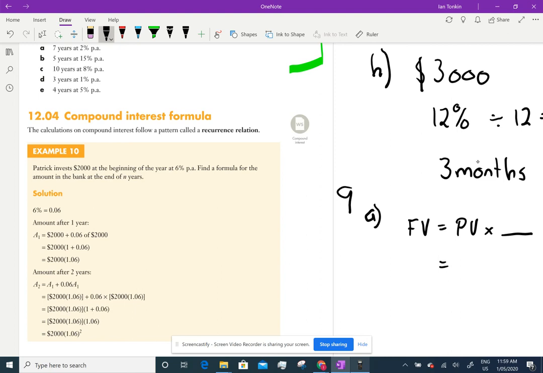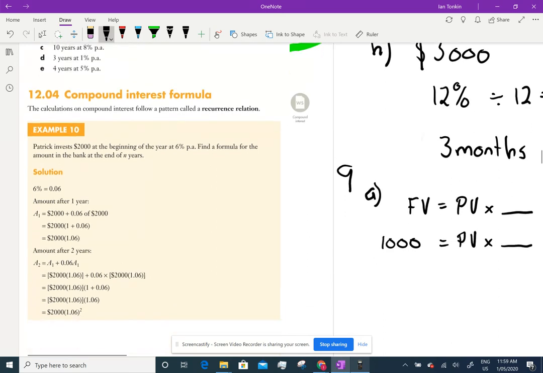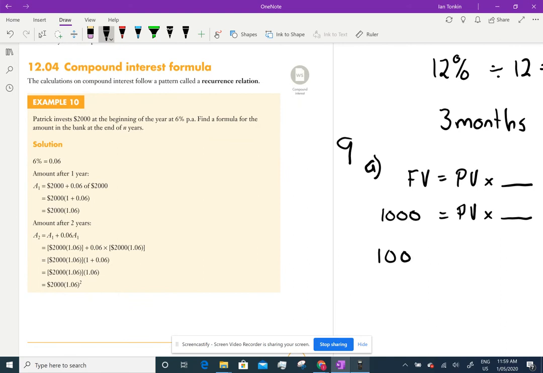So in 9A, if they give you the future value of $10,000 and you need to work out the present value, you've got to divide by that magic number. I've got to find this magic number, and when I solve the equation, I'm going to divide by it.